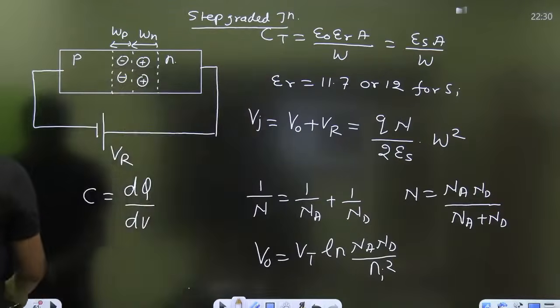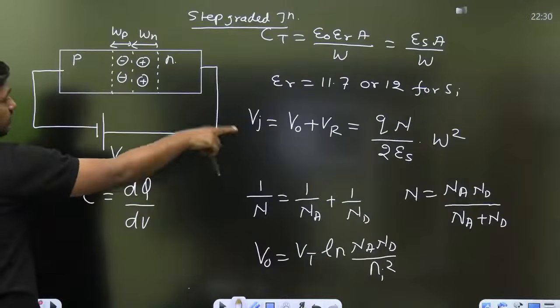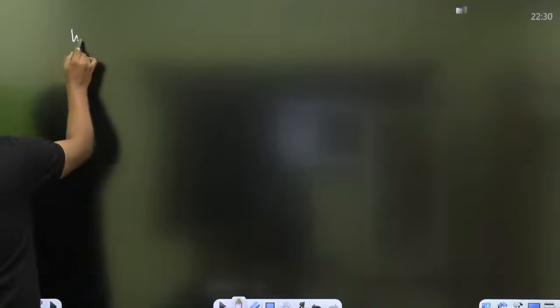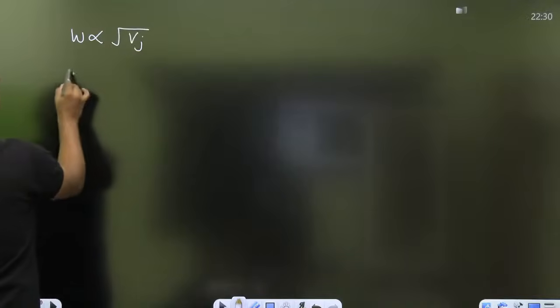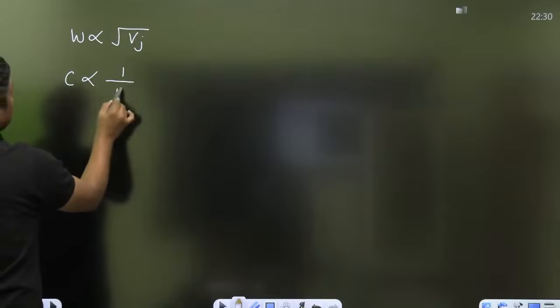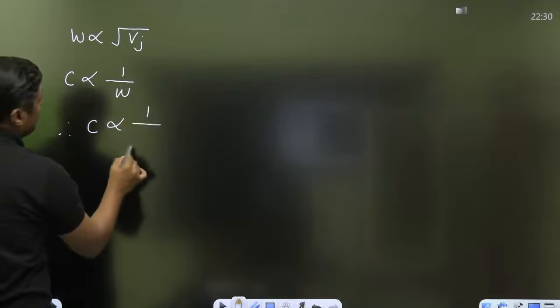Normally the depletion width W is proportional to root over Vj, and C is proportional to 1 by W, therefore C is proportional to 1 by root over Vj.